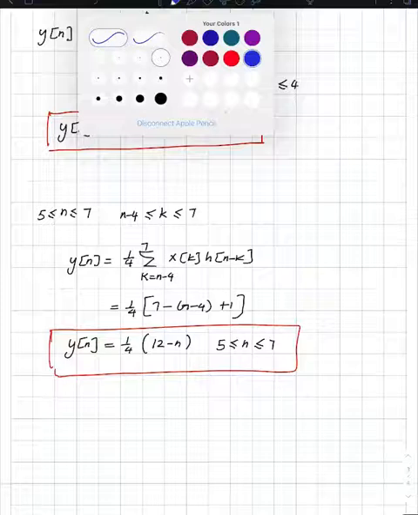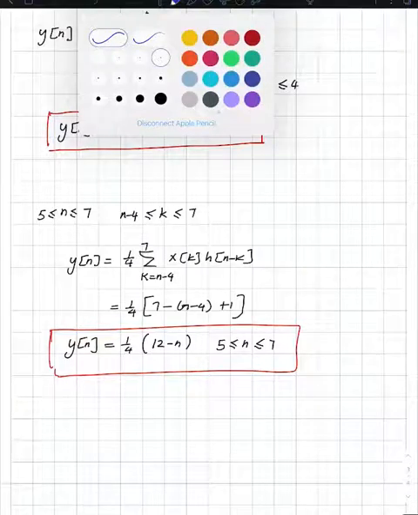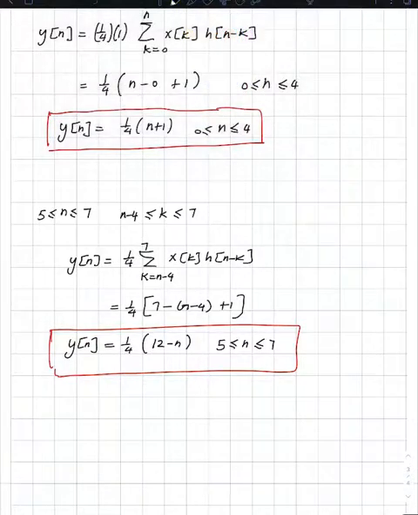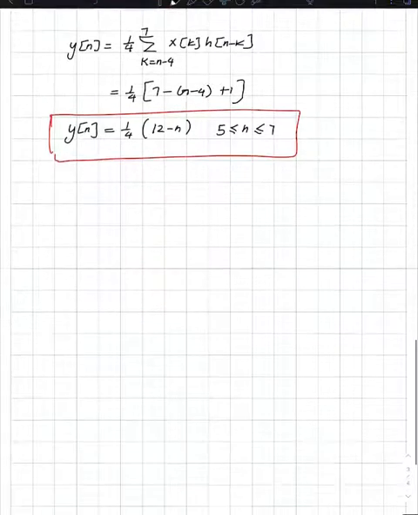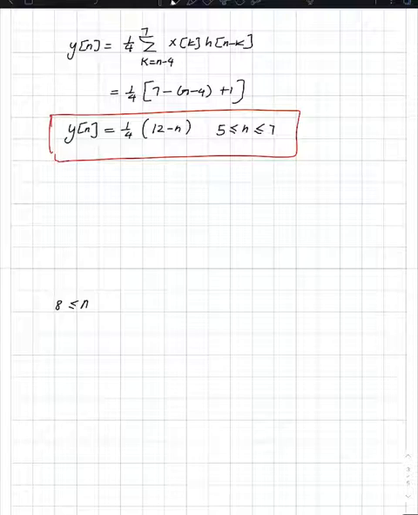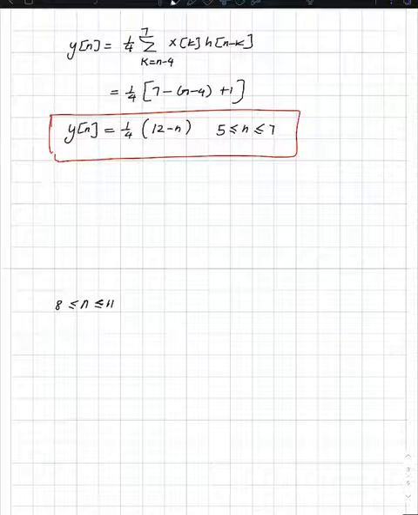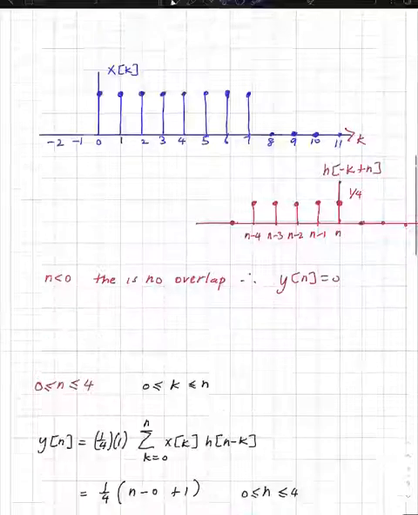So the range of n now is n greater than or equal to 8 and less than or equal to 11.